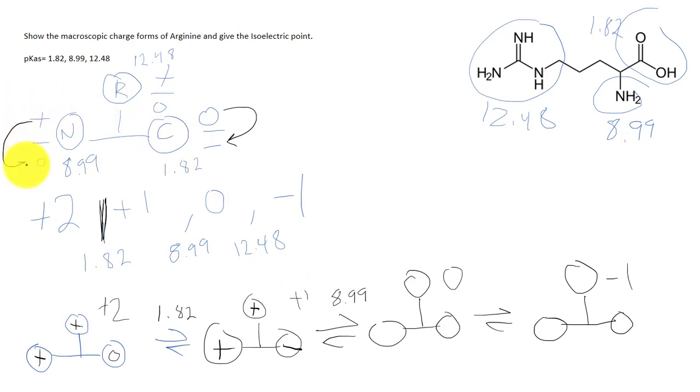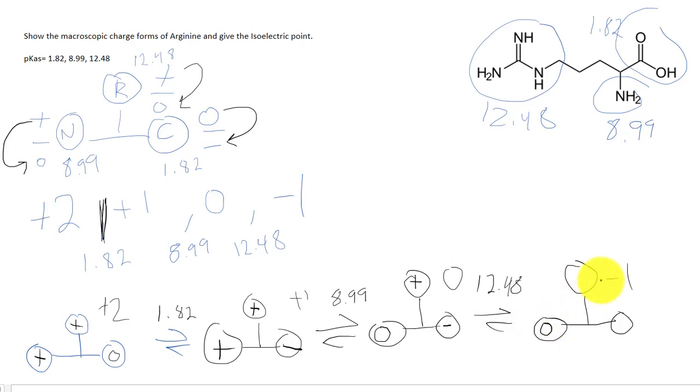That's the N-terminal nitrogen, which is going to go to 0. So in our 0 charge state, we have a 0 at the N, a positive still at the R group, and a negative at the C terminus. And finally, at 12.48, that side chain guanidinium is going to lose its charge. It becomes neutral as it deprotonates. So we end up with neutral at the N, neutral at the R group, and negative at the C terminus. Those are our 4 macroscopic charge states.